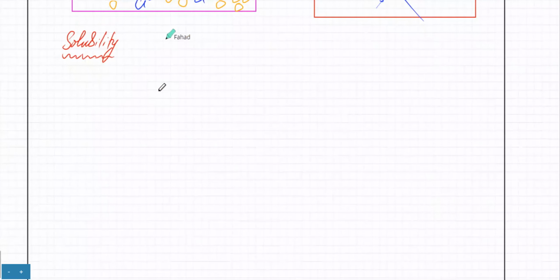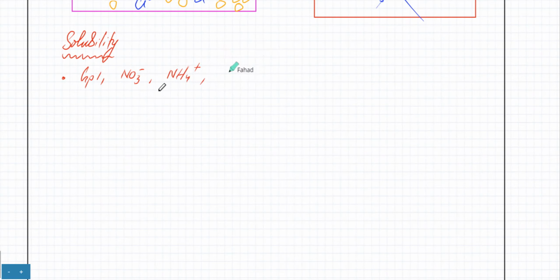Now these are the solubility rules. Number one, group 1 compounds, NO3-, NH4+, and acids, H+.